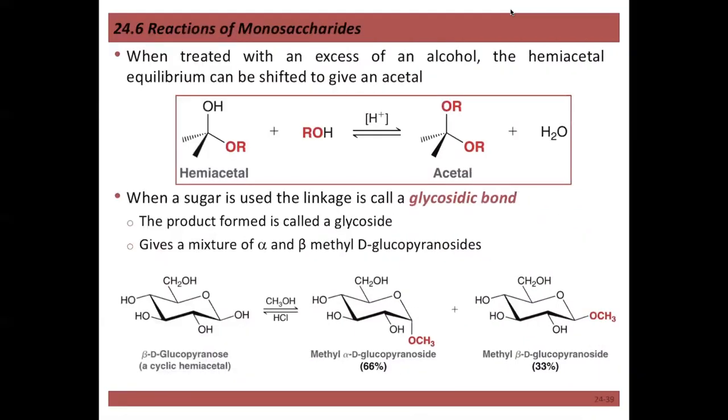Now, again, another review of chemistry that we've seen before. We've talked about hemiacetals, how we can actually form these cyclic pyranoses and furanoses. But if you remember back in the ketone aldehyde chapter, we could go from a hemiacetal to acetals. Well, this is a hemiacetal. It's got a carbon-oxygen-carbon-OH bond.